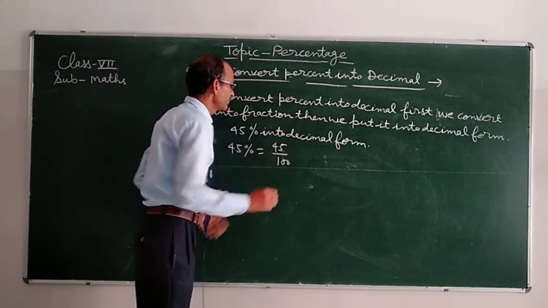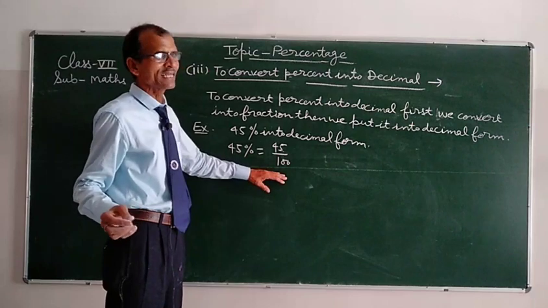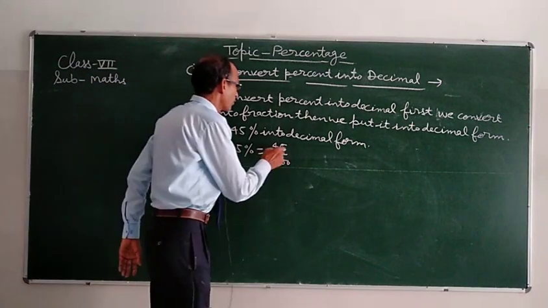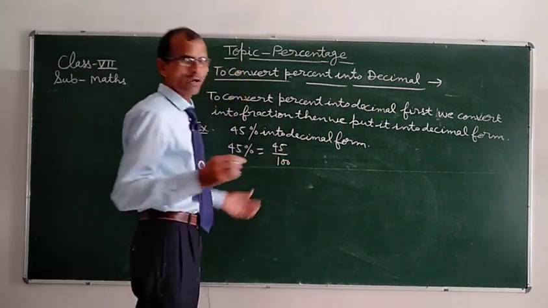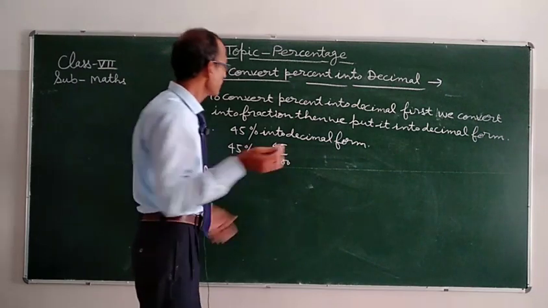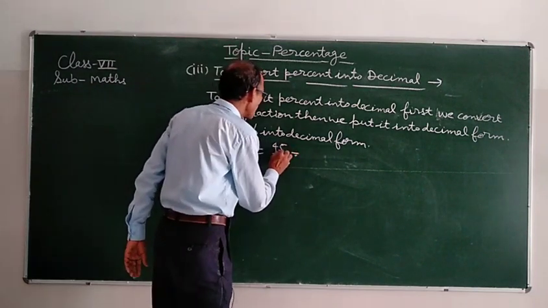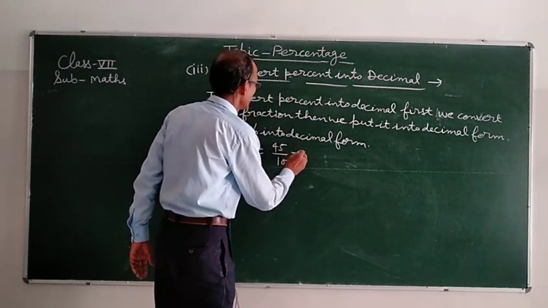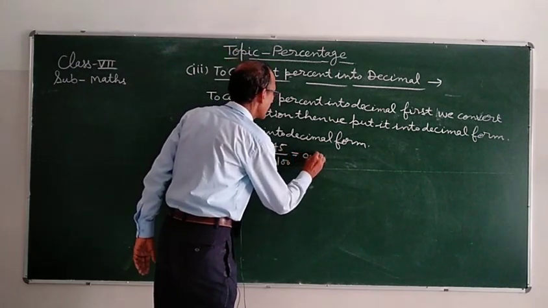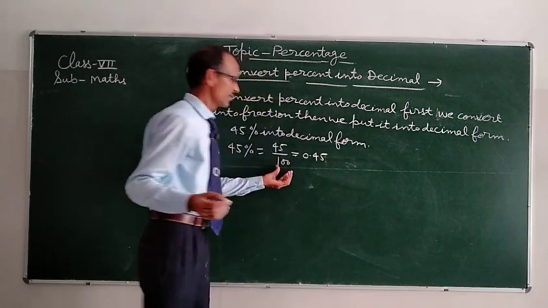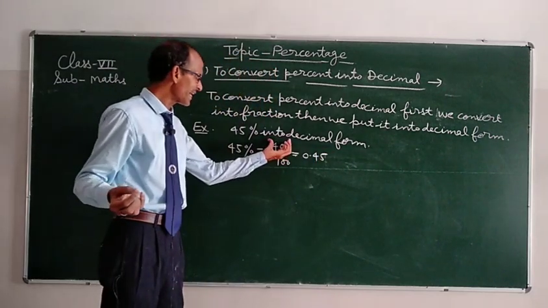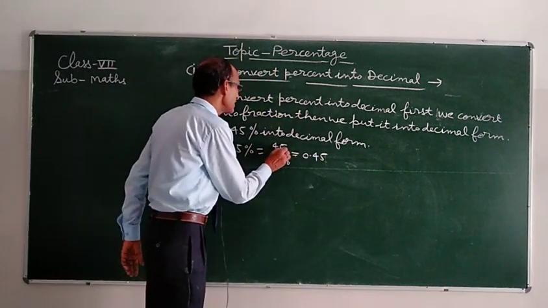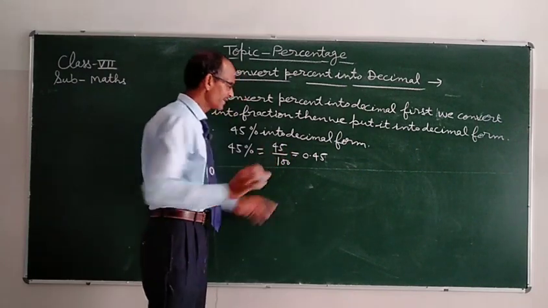Now we have read division of a number by 10, 100, 1000. 45 divided by 100. When we convert it into decimal form, we will put the decimal point after 2 digits from the right. We will get 0.45. 100 से जब 45 को डिवाइड किया जाएगा तो 2 डिजिट के बाद डेसिमल पॉइंट प्लेस कर देंगे.